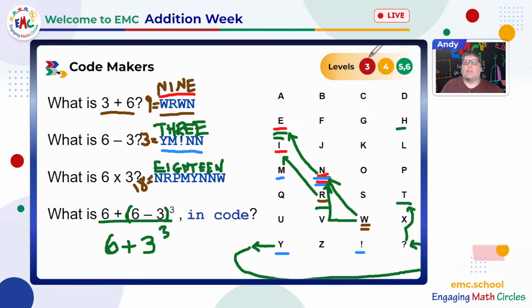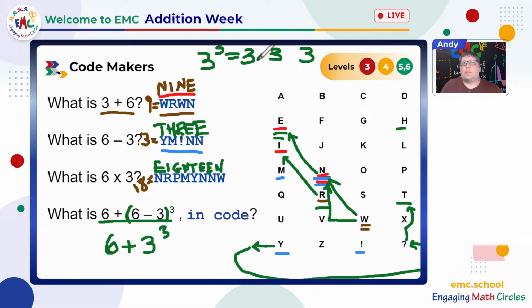If you've never seen a power before, if you're in one of these two levels, you've probably never seen them before. What this means is take 3, the bottom number here, and write it out this many times. So we're writing out 3 threes. The bottom number is what you're writing out.